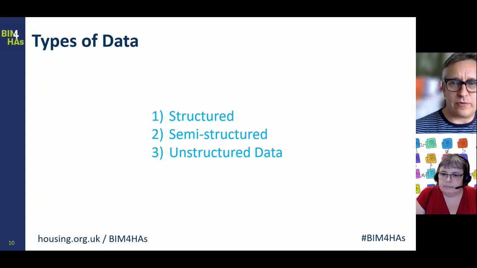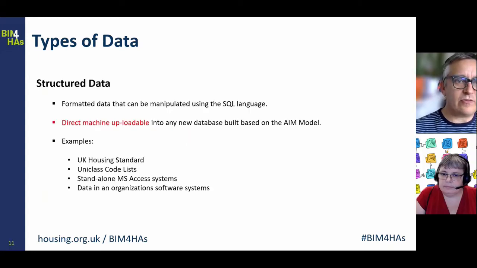Structured data is formatted in a way that can be manipulated using SQL language, and that makes it directly machine-readable and uploadable. That means that one software system can read it from another one and it can be put into and taken out of the asset information model in an automated way.